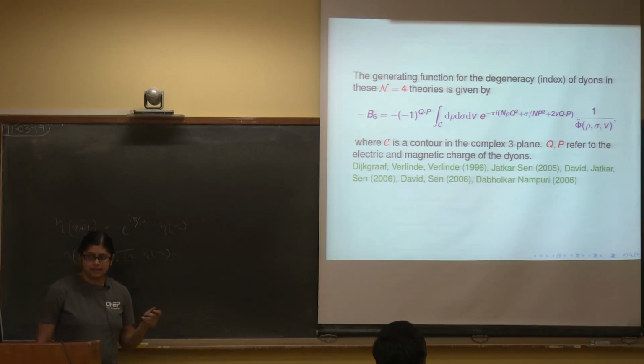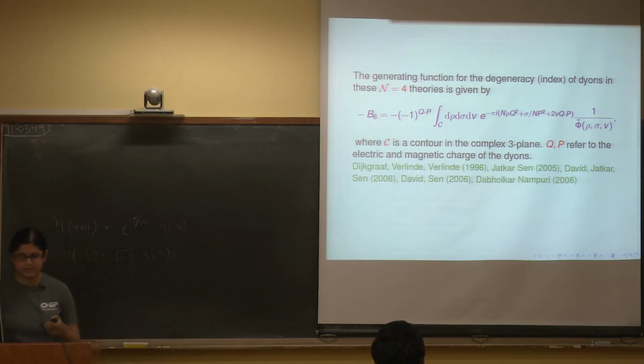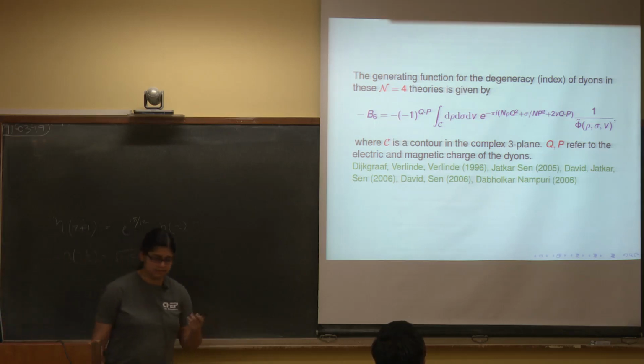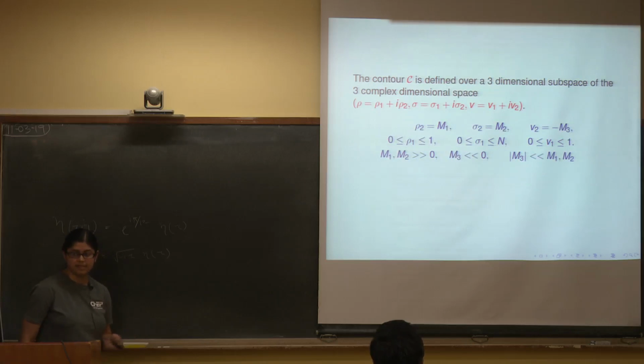The integral is done on a contour in the complex 3 plane with large imaginary values of rho, sigma and v. It was first done by Dijkgraaf, Verlinde, then Ashok and Justin, and Dilip extended this, and Dabholkar had also extended the methods. This is the definition of the contour.